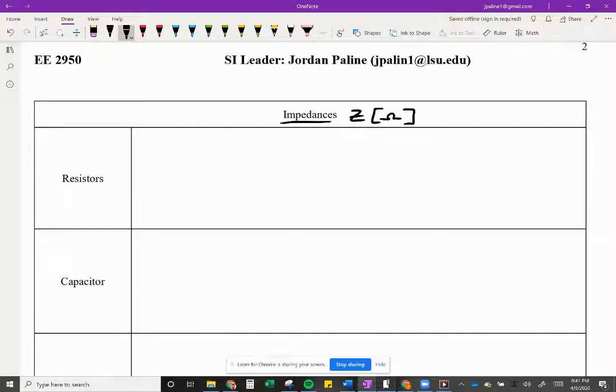So let's take a look. So resistors. The impedance of a resistor is just going to be the value of the resistance. And of course, the unit is just ohms. So what does that mean? Let's take a look at it. So we have a resistor. We'll say that's 10 ohms.